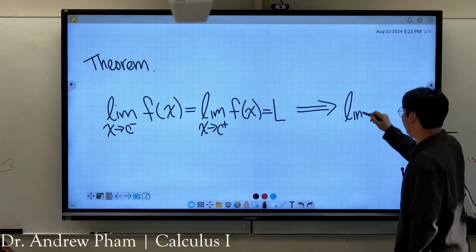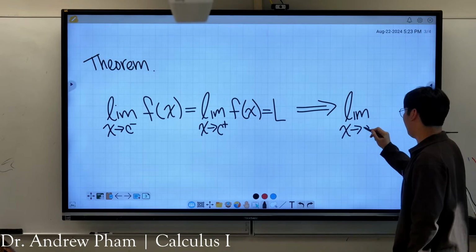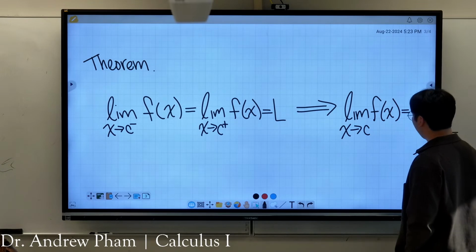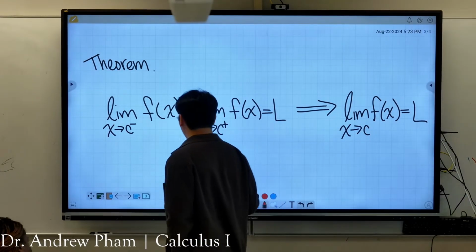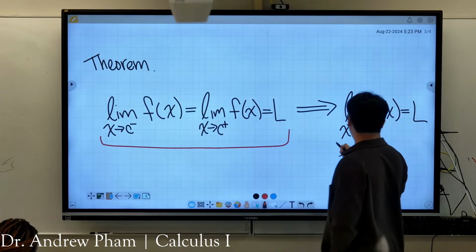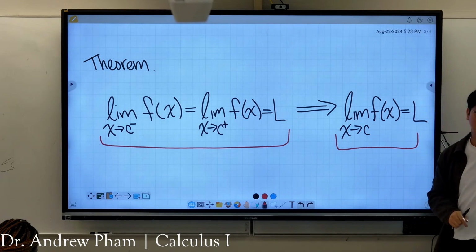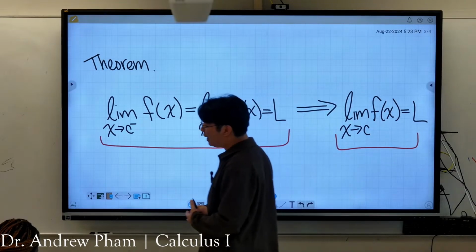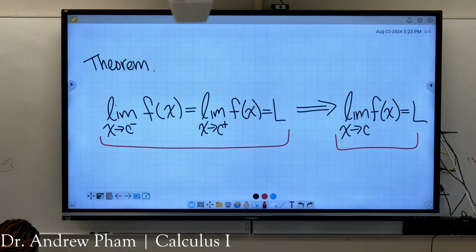My two-handed limit is also the same number, equal to L. This implies this here. In other words, if you know the left and the right, you should be able to automatically tell me what the two-sided limit is with zero calculation work. Because like we said, they either all match or they're different, and my answer is undefined. Well, it does not exist, to be exact.